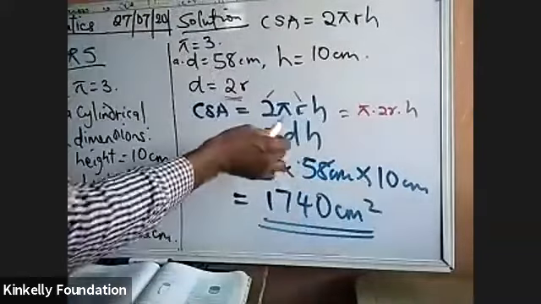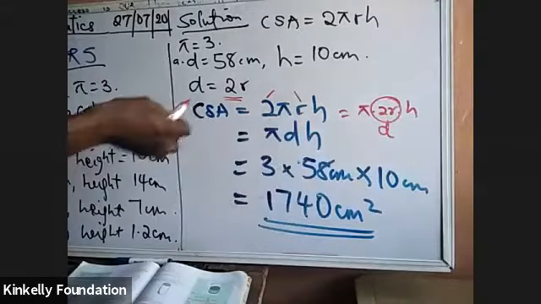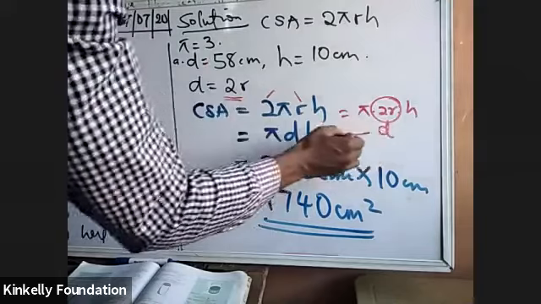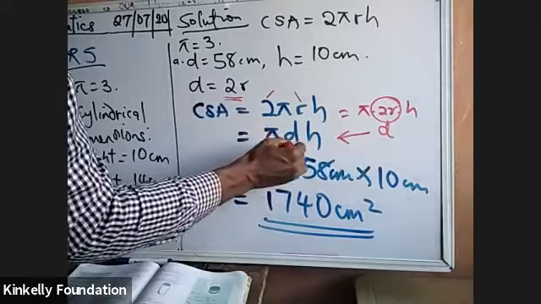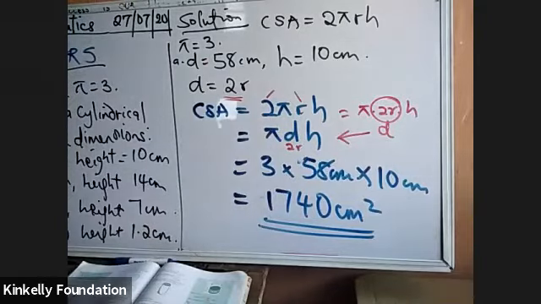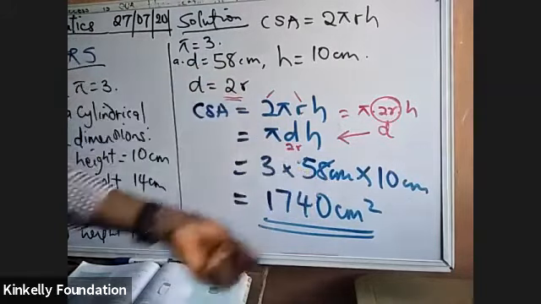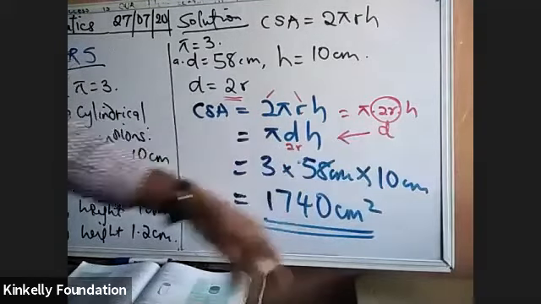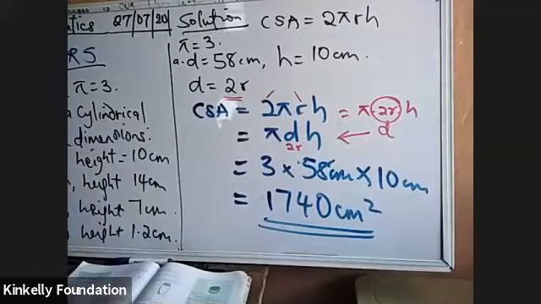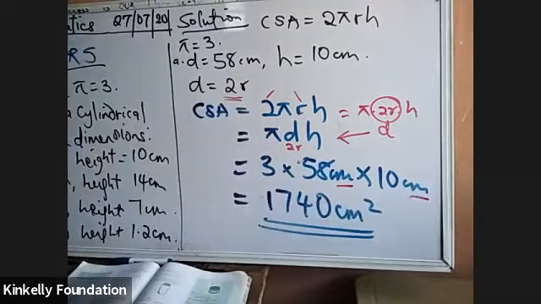You can replace this 2r with your diameter, to give us pi d h, knowing fully well that d is 2r. And now, we carry the whole of d and replace here. It gives us 58 times 3 times 10. When you multiply it, you are going to get 1740 cm squared. And the cm squared came from cm times cm.